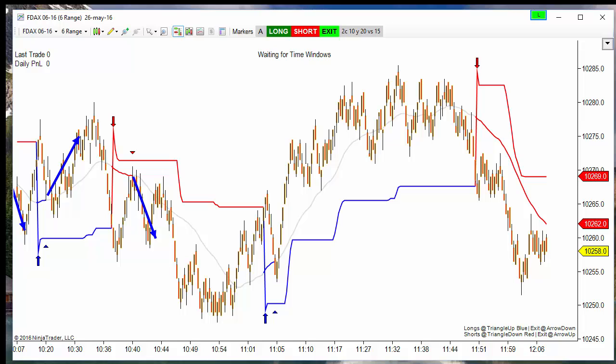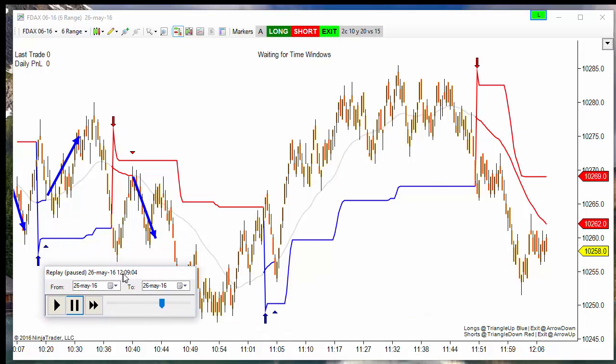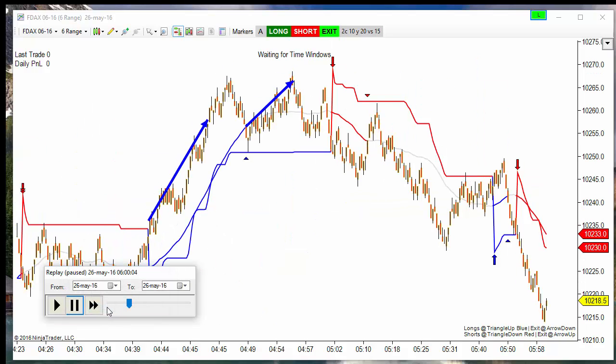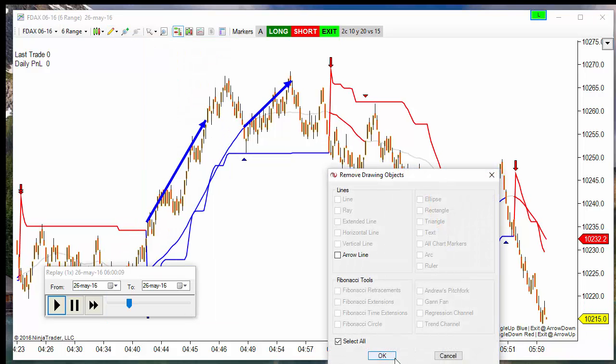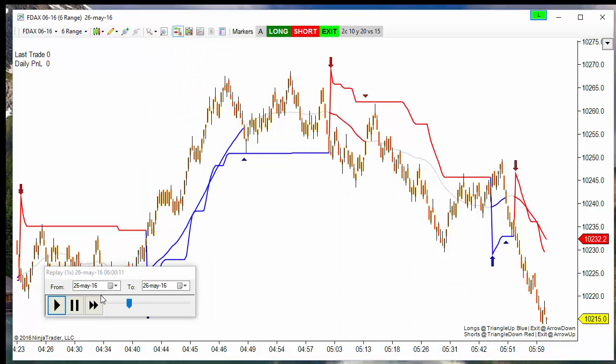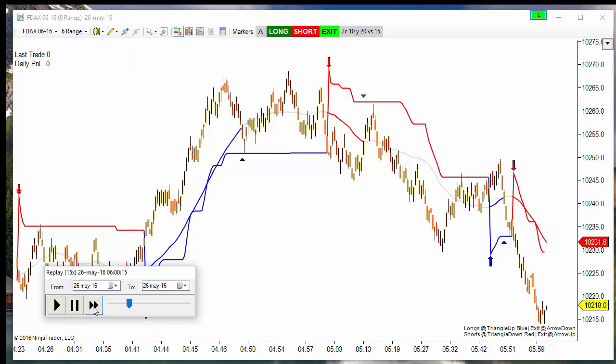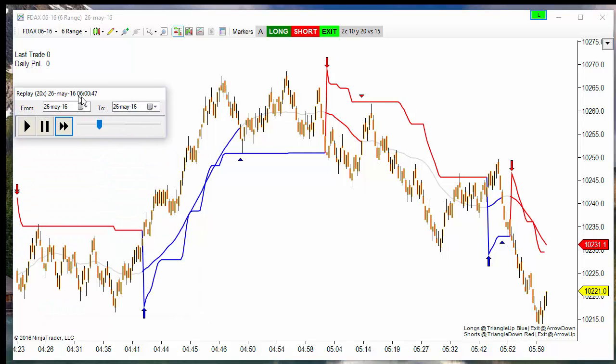We can see how this worked with market replay. Let's go to 6 a.m. I will remove all the drawings, and now we are short ready.